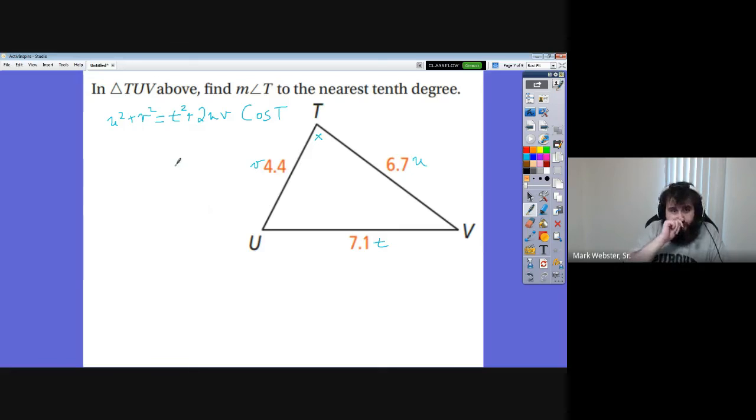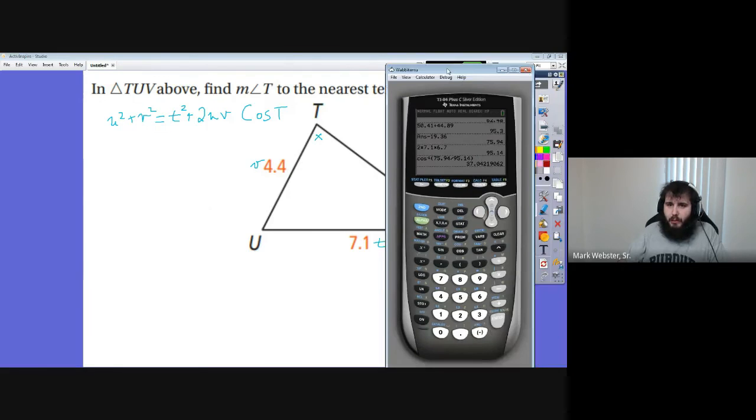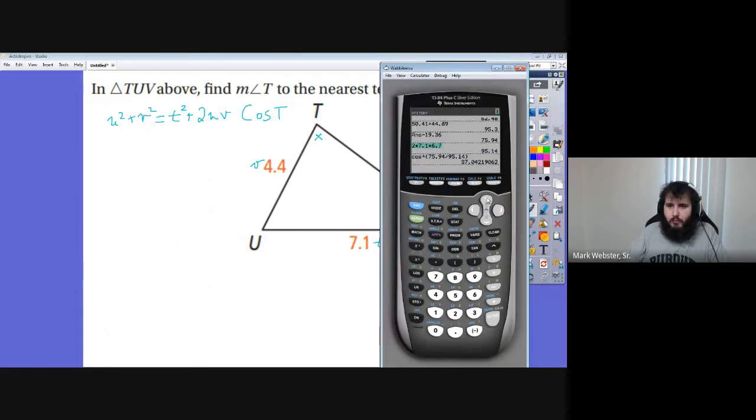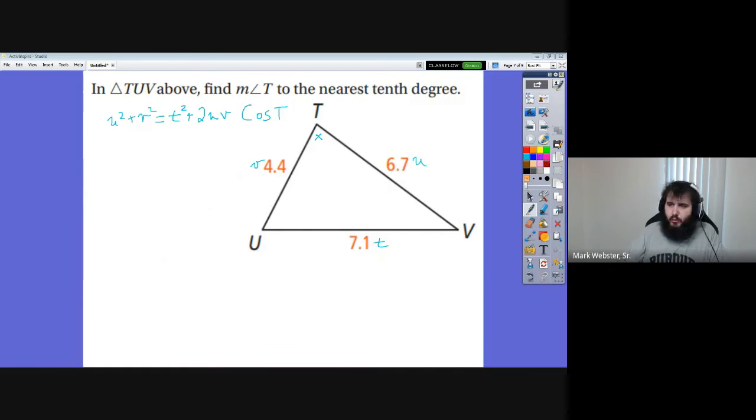So now let's plug everything in where it goes. U squared, 6.7 squared, which we already know because we already did those calculations. Let me just pull these back up here. We did these back for the last problem. Why do more work than is absolutely necessary, right? U was 6.7, so U squared is 44.89.